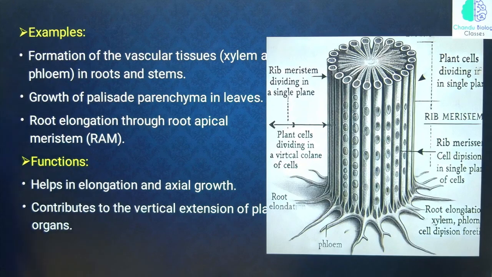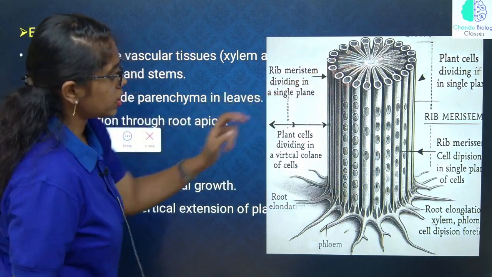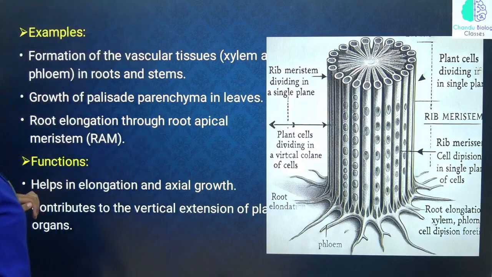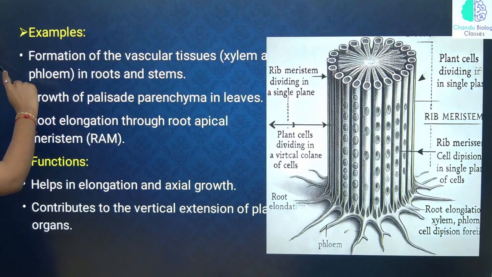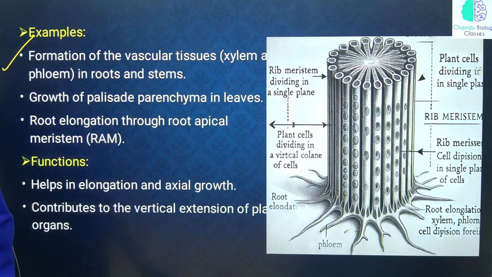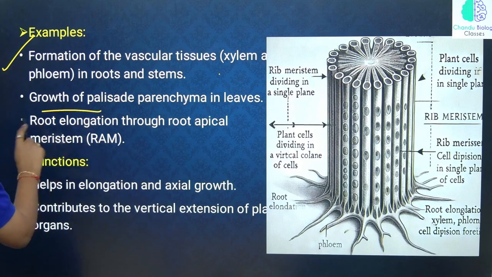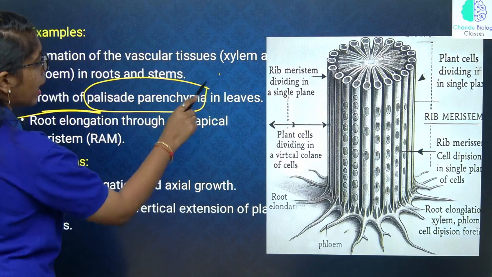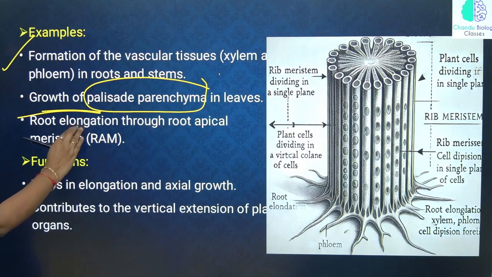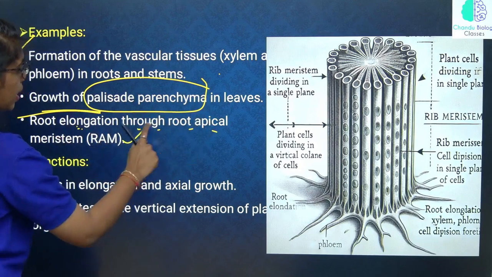Examples of rib meristems or file meristems are, see, the columnar growth formed because of rib meristems, fine. Formation of vascular tissues, xylem and phloem in the roots and stem. Growth of palisade parenchyma in leaves. Root elongation through root apical meristem.